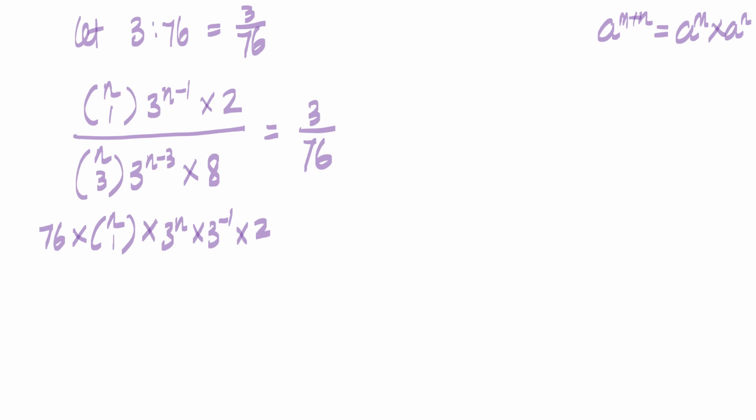We're going to do a cross multiply, times 76, so it equals nC3, just leave it as nC3 first. So 3 to the power of n minus 3, we can write it as 3 to the power of n, then times 3 to the power of negative 3 times 8 times 3.